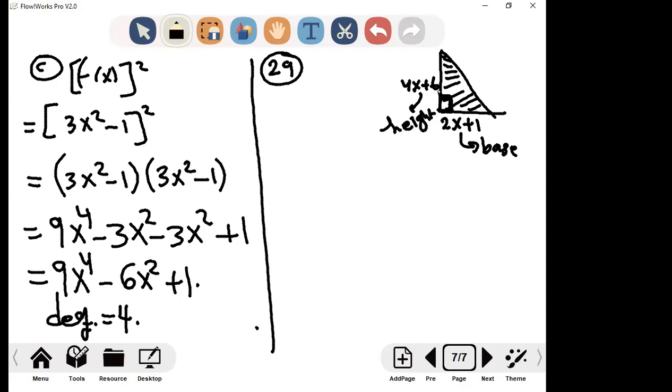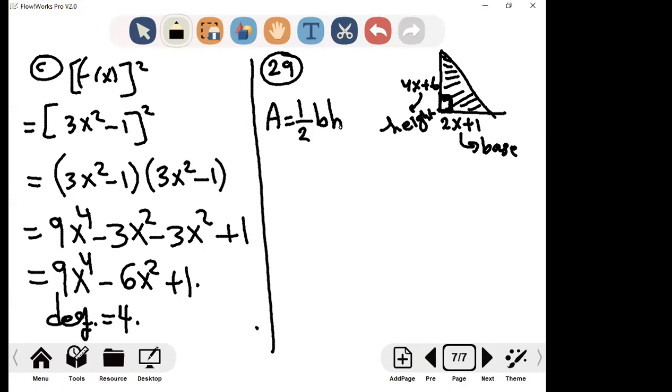What's the area of the triangle? Yeah, half multiply base multiply height. This is the formula. So the area of the triangle is half multiply base multiply what? The height. This is a formula you should memorize. Done?